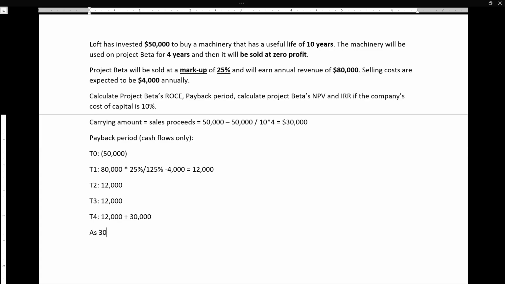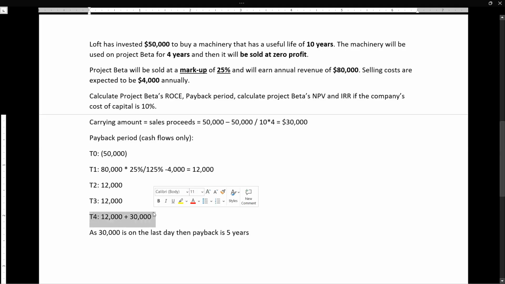And as the 30,000 is on the last day, then payback is actually 5 years. So that is the 5 years of payback. If this 42,000 received in period T4 was received throughout the year, then we would have to apportion that. Now that is our payback.